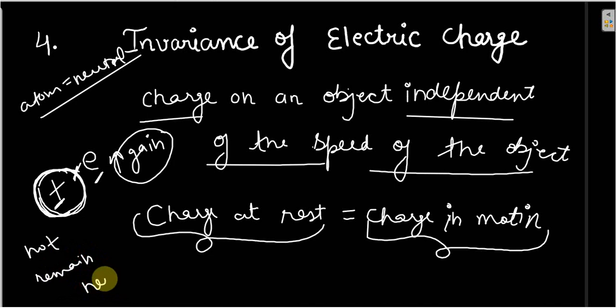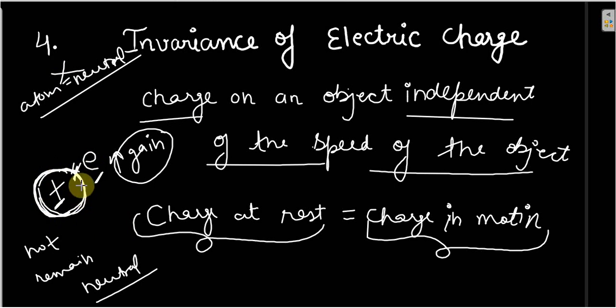So that's why we can say there is no effect of motion on the charge. If there were any effect of motion on the charge, then the atom would not remain neutral. If this electron during motion gains some charge, the overall atom will not remain neutral.